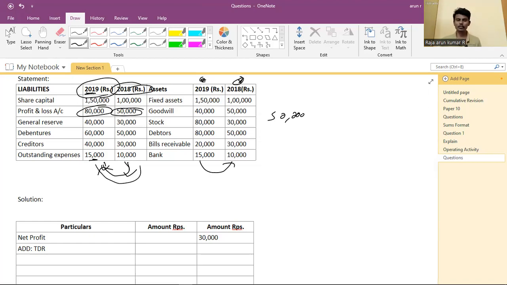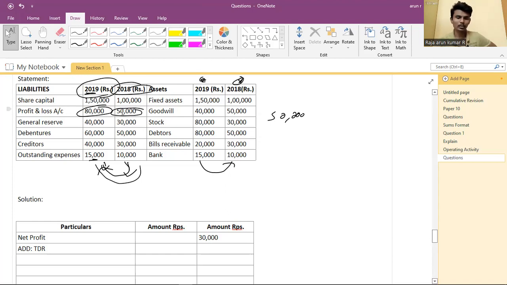The cash flow statement is very easy, but some twists are there. By solving sums with different approaches, you will be able to understand the cash flow statement. In this question there are two twists. No net profit is given separately; they simply give opening and closing profit, and the difference is the net profit. Second twist, 2018 and 2019 are given in reverse. Just understand that 2018 is the opening and 2019 is the closing.